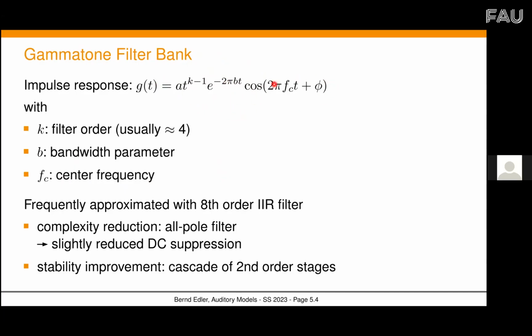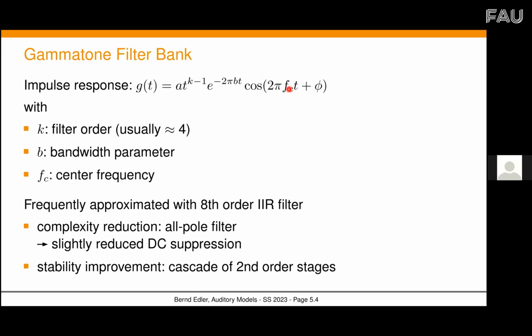And this is then multiplied with a cosine term. And you can select a phase term, but most important is that there's a center frequency. And if you have a relatively smooth function here, the frequency response would have a low pass characteristic. And if you multiply a filter with a cosine, such a low pass filter with a cosine function, it's a kind of modulation by multiplying an impulse response with a cosine function.